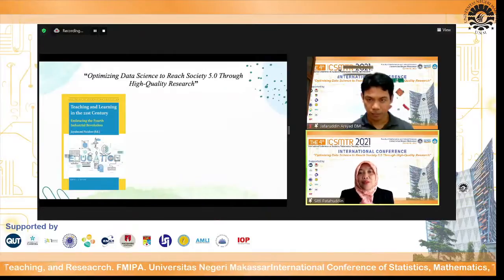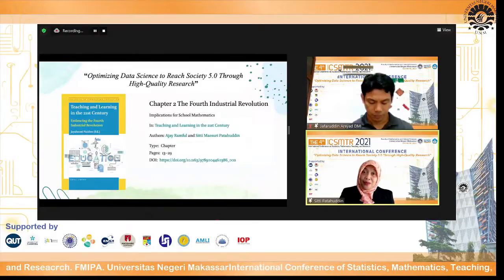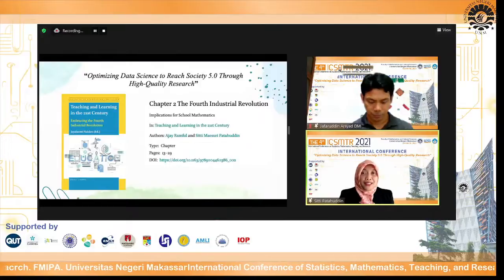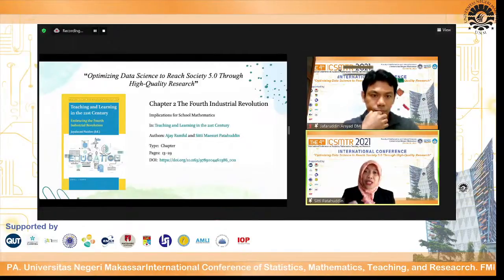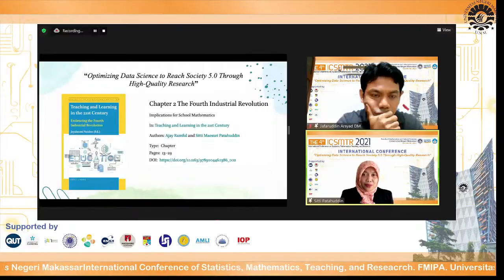5.0. So in this chapter about Industry 4.0, we discussed how the school mathematics curriculum should be reshaped to align it to the demand of Industry 4.0.